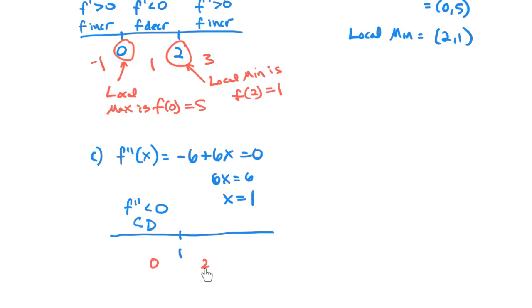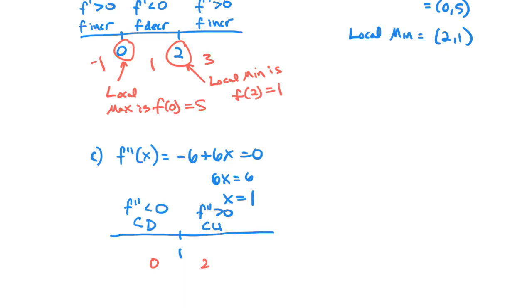So then we plug the 2 into the second derivative. We get -6 plus 12, which is going to be +6. So here, the second derivative is greater than 0. When the second derivative is positive, just think when you feel positive, you're smiling, concave up like a cup.